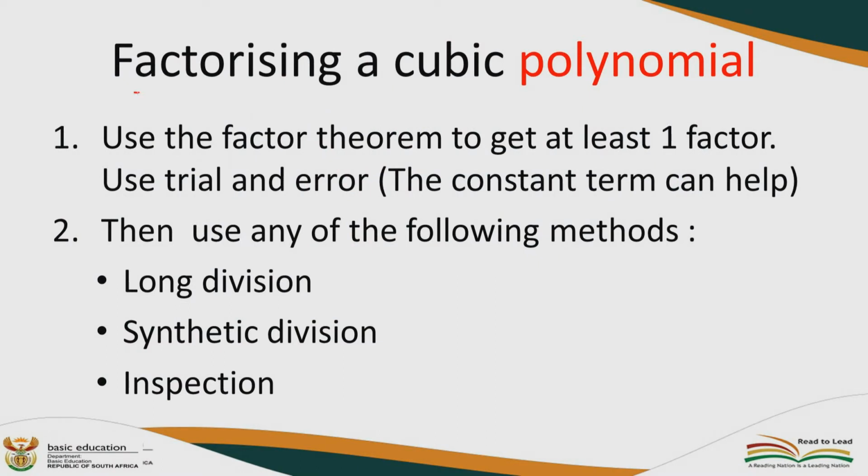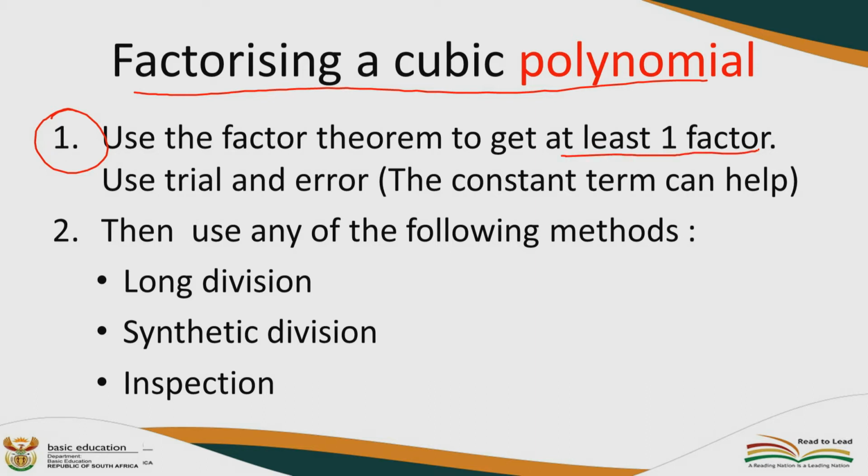Now, moving on to the next slide. Here, I was trying to emphasize the methods in which a cubic polynomial can be factorized. For you to factorize a cubic polynomial, number one, you apply the knowledge of your factor theorem, by ensuring that you get at least one factor using that.